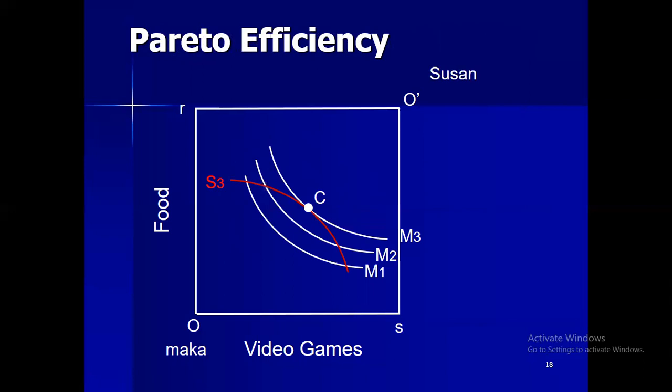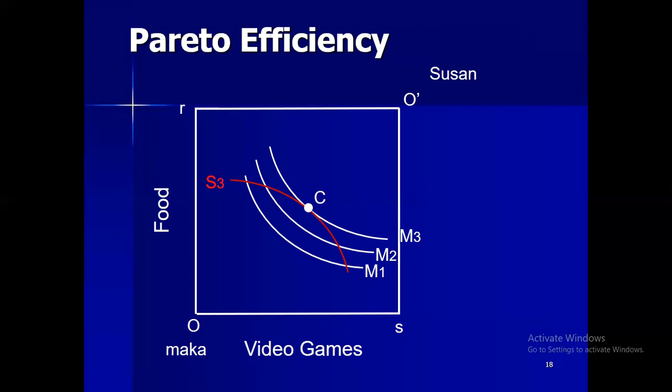Can Muskan's welfare be further increased without doing any harm to Suzanne? As long as Muskan can be moved to an indifference curve further to the northeast while still remaining on Suzanne's curve. Is it possible? This process can be continued until Muskan's indifference curve is just touching S3, which occurs at point C in this figure.